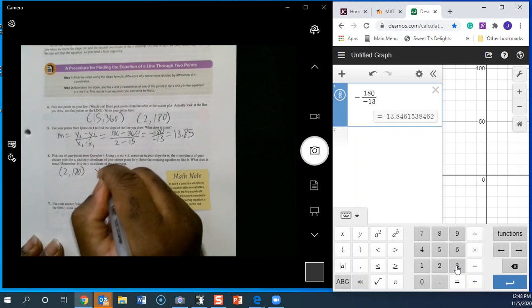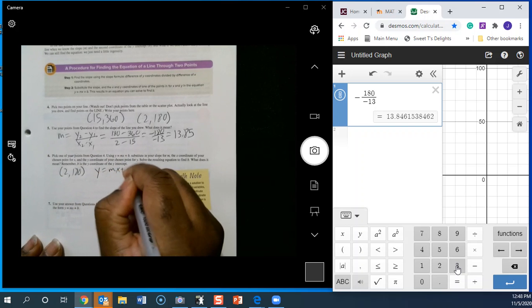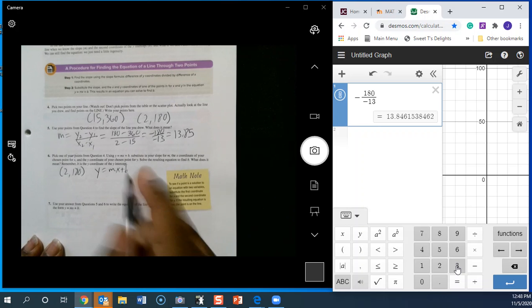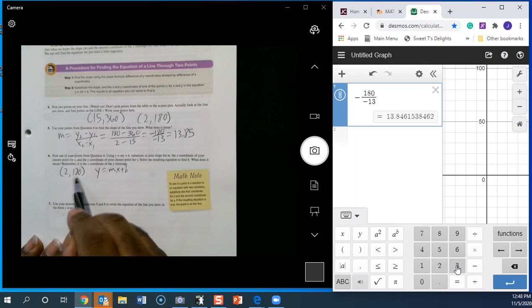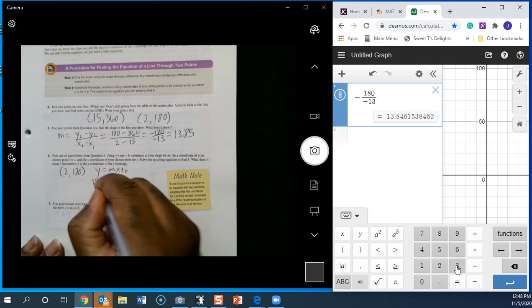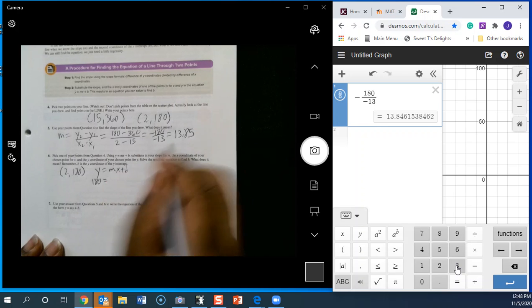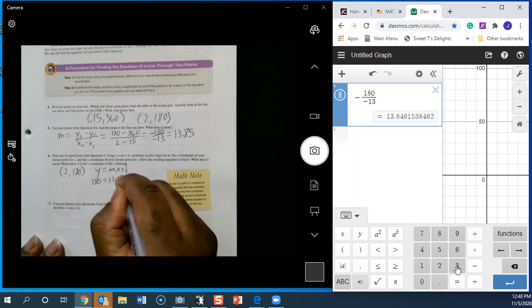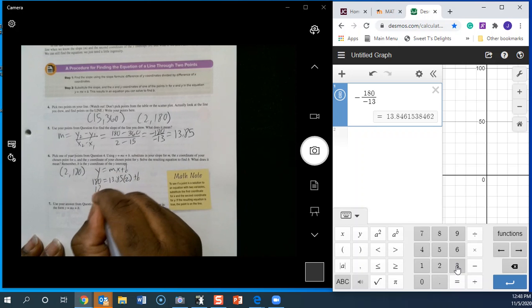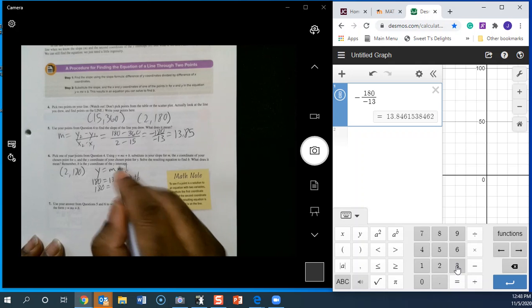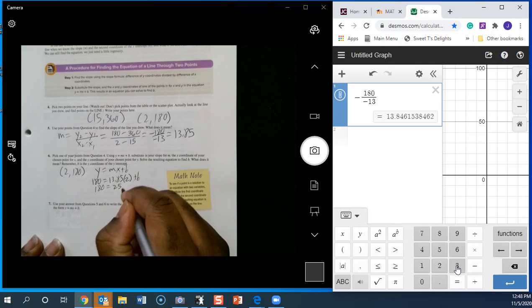So I have y equals mx plus b. Now we know what m is. M is the 13.85. But now we have x and y. Y would be 180. The m would be 13.85. The x would be 2 plus b. So it'd be 180 is equal to, what's that?